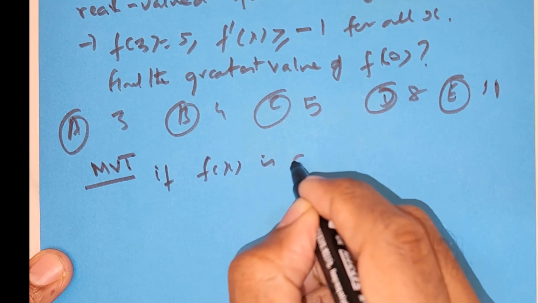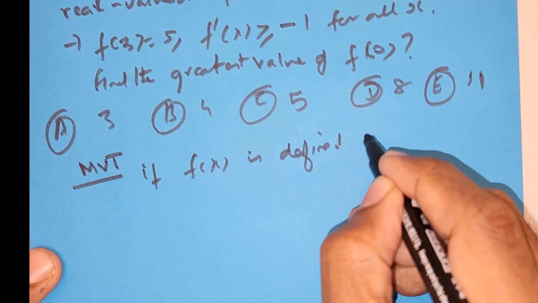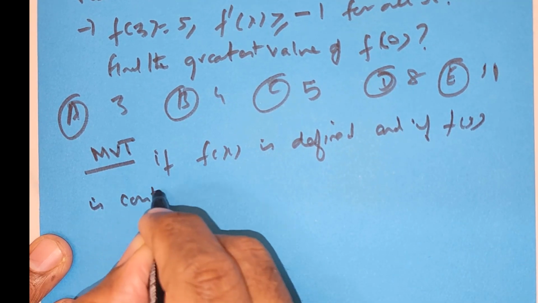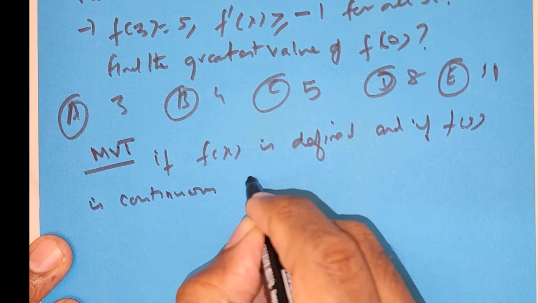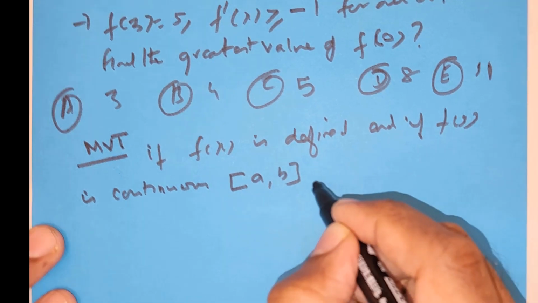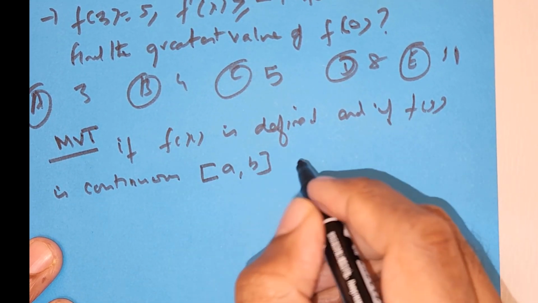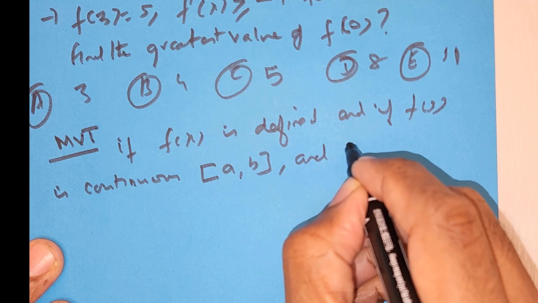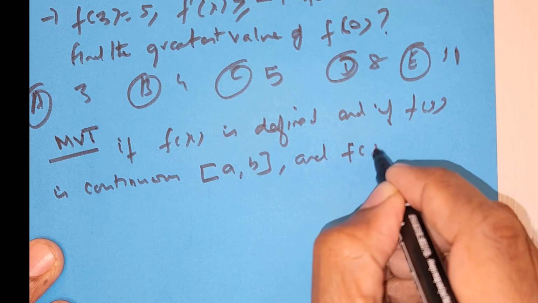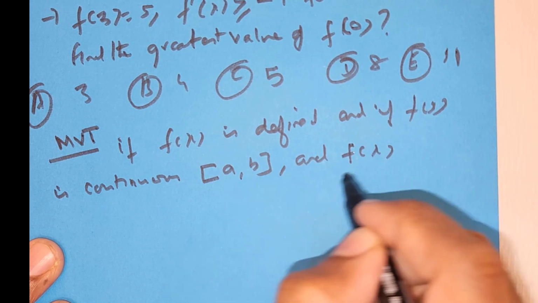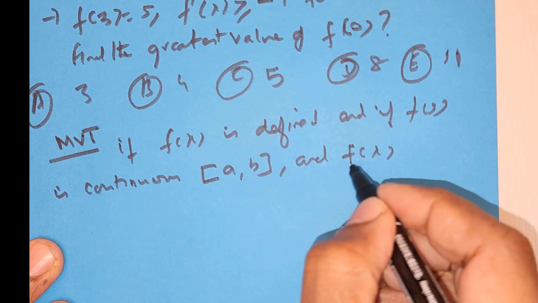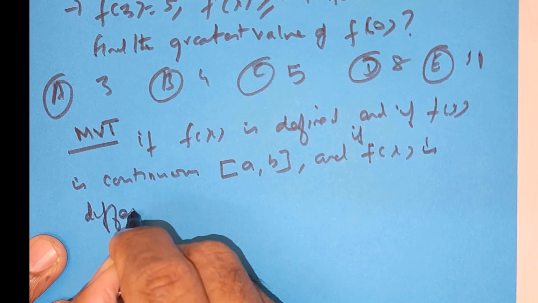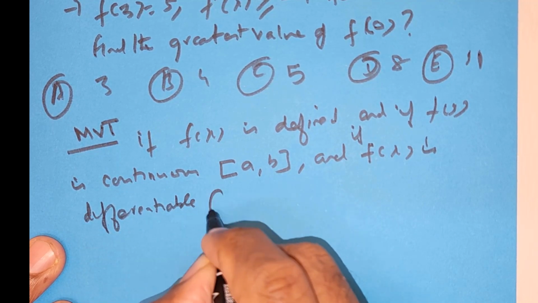If f of x is defined, so the function has to be defined, and if f of x is continuous in the closed interval, and if f of x is differentiable in the open interval.